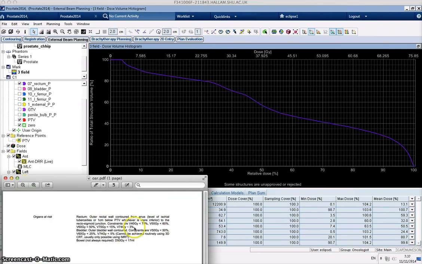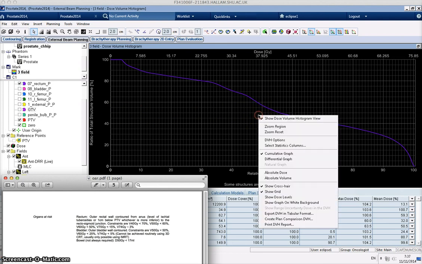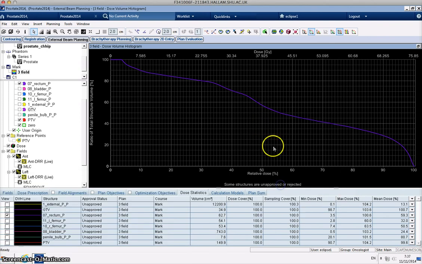So let's have a look at our rectum then. It says V40 less than 70%. We could roughly eyeball this by going, there's about 40 across there and looking across, and we can see about 50% would be the answer, but that's not very accurate. As ever with Eclipse, there's a nice little tool that allows us to do that more accurately.